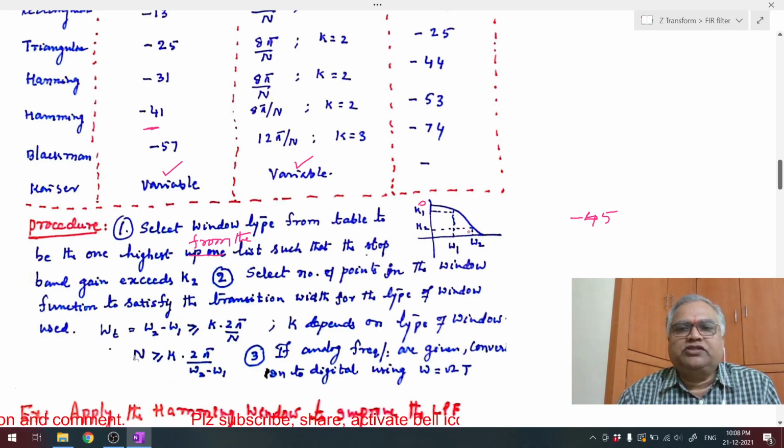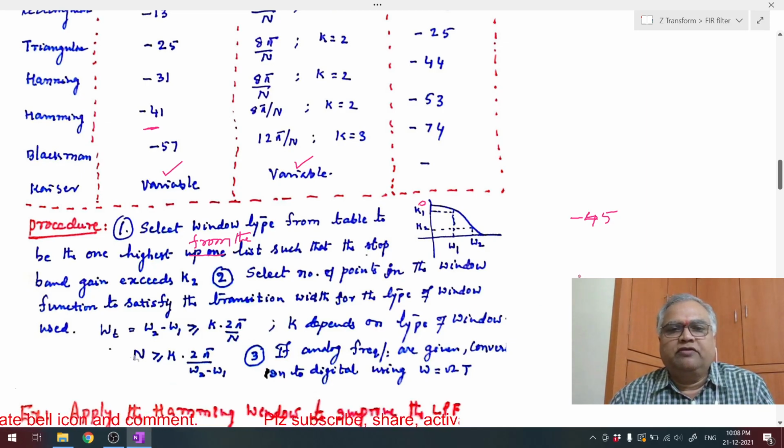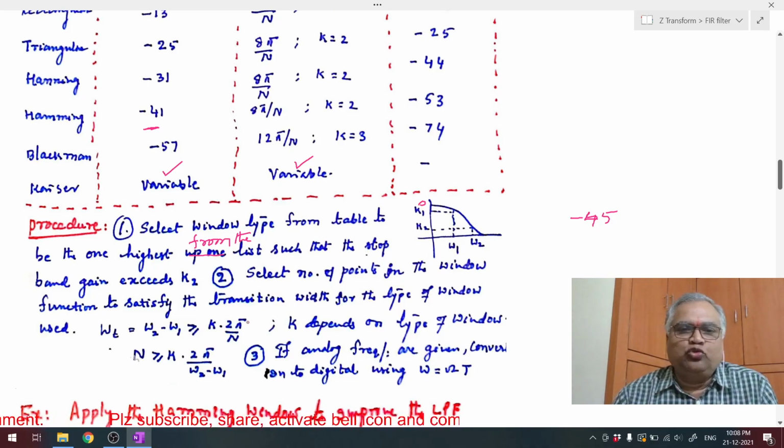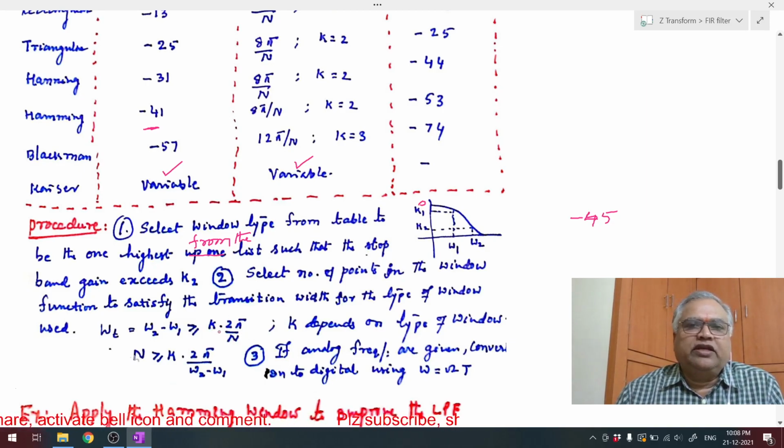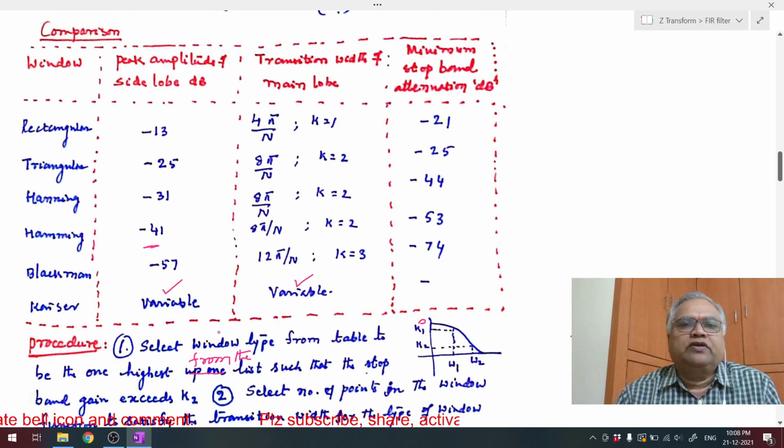The transition width W2 minus W1 should be greater than or equal to K times 2 pi by n. As I told earlier, the main lobe width is 4 pi by n, but only the right side is 2 pi by n. So multiples of 2 pi by n, that is with the K. So that K is mentioned here.